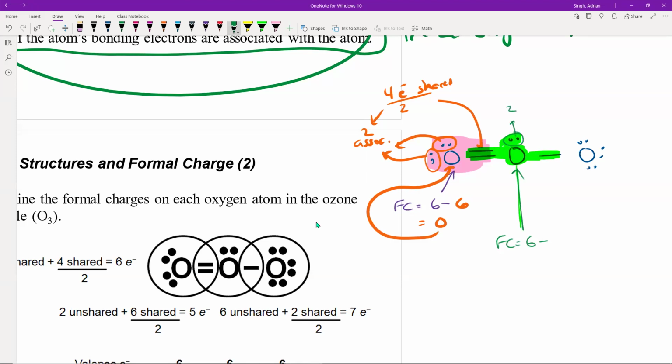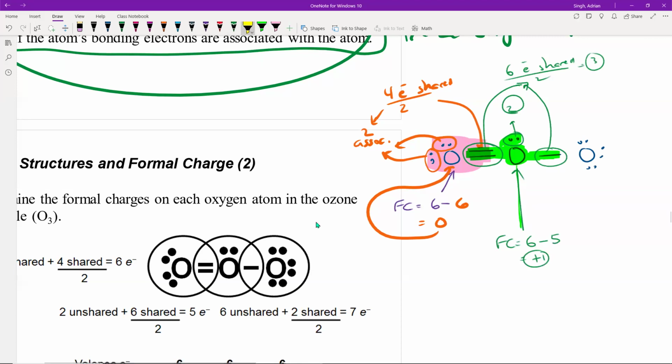And how many bonds are on it? We have a double bond, that's 4 electrons, and a single bond. Those are 6 electrons total that are being shared around that O, and we take half of those. So that's 3, plus the lone pair 2, that's 5. So 6 minus 5 gives us a formal charge of +1 on that oxygen in the middle.